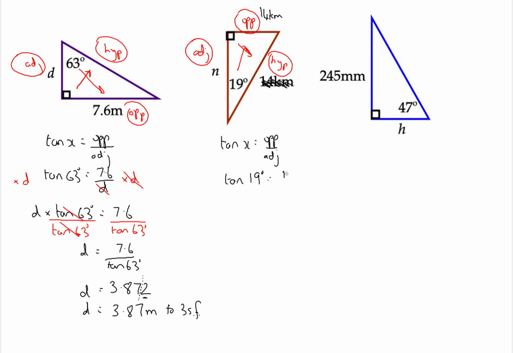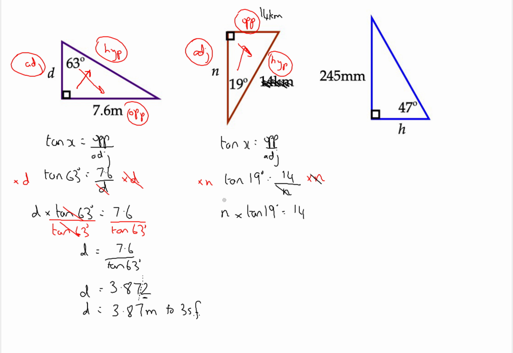So that's 14 over n, and multiply both sides by n, and we end up with n times the tan of 19 is equal to 14.